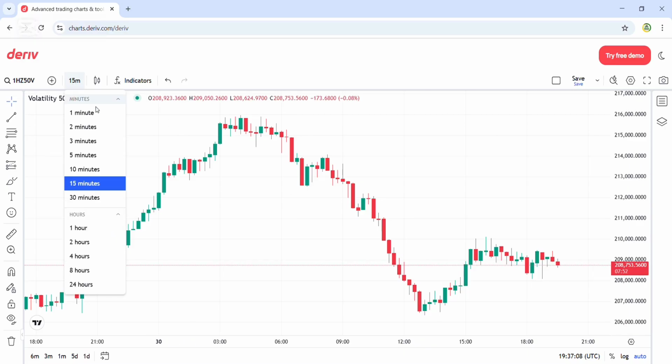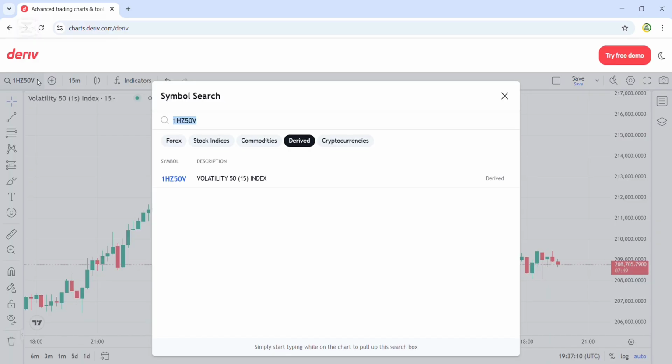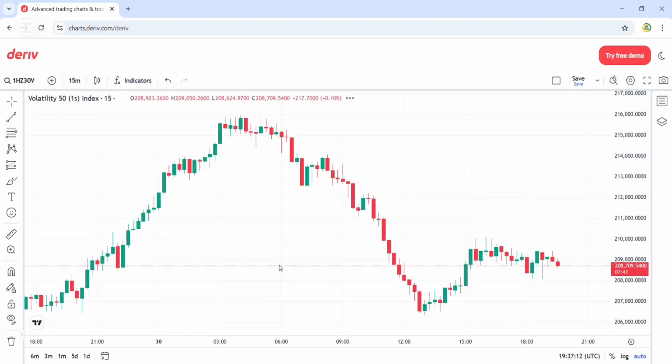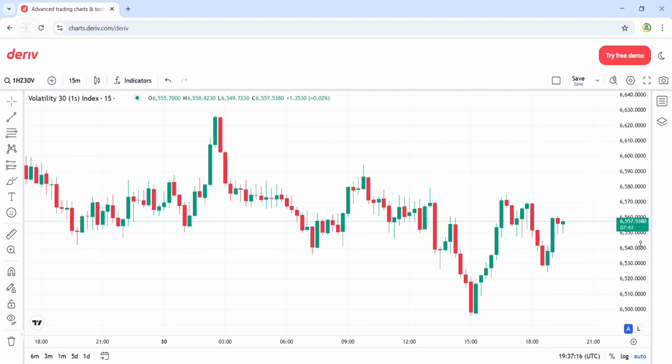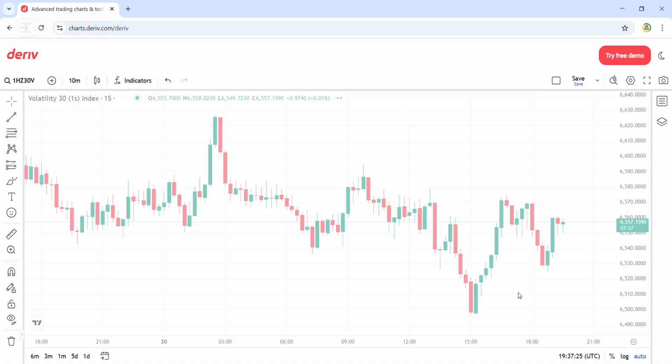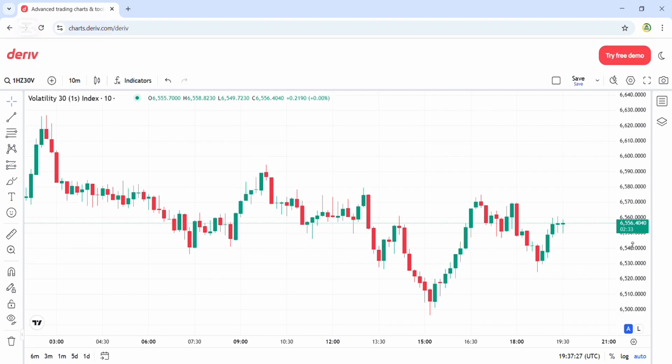Now, if for example you change the volatility from 50 to 30, this is the 15-minute time frame, with 7 minutes. If we change this to 10 minutes, let's see how many minutes remaining: 2 minutes remaining for that candle to close.